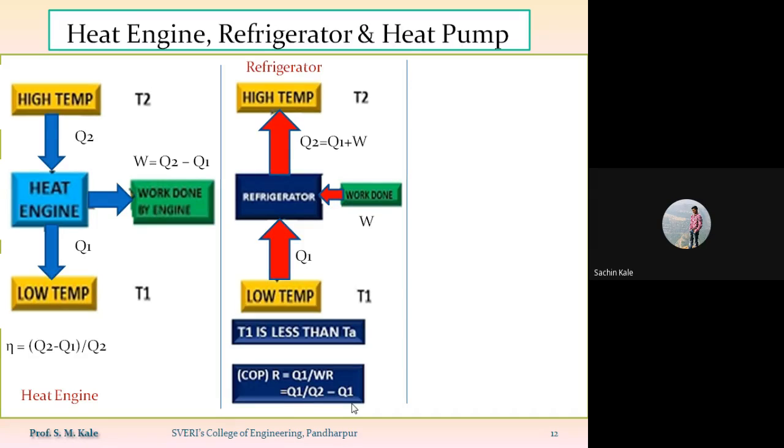It is absorbing the heat from lower temperature body or cooler area, and it is being rejected to the higher temperature body, that is nothing but hotter area. And here also we are providing the mechanical work. Yes. It means whether refrigerator and heat pump are one and the same.